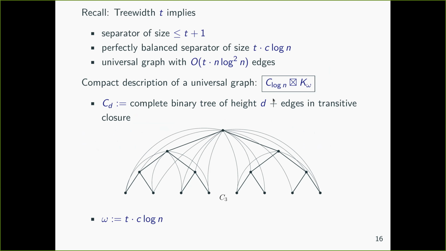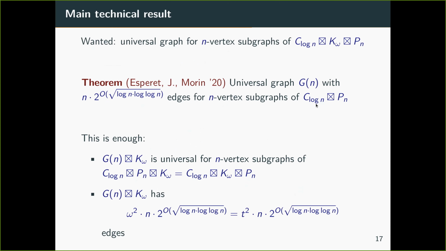You don't have to really look at this slide, but what it says is that the first thing we do is replace this H, which is not fixed, by a universal graph for n-vertex graphs of tree width t, and that we know how to build using these perfectly balanced separators. So that's exactly what we do first. And then we somehow have to build a universal graph for the n-vertex subgraphs of the product of this universal graph for tree width t graphs.